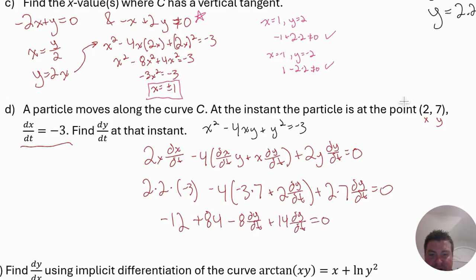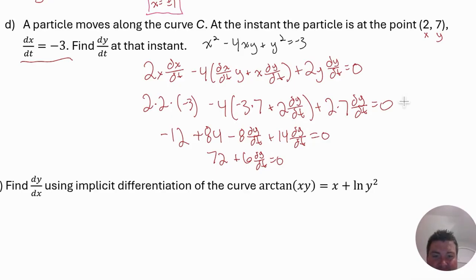I'm going to get some favorable numbers here because that negative 12 plus 84 is going to turn into a 72, plus 6 dy/dt equals 0. I'm going to spare you the algebra here, and I think it's very clear that dy/dt is equal to negative 12. That means that this particle is falling at this time.